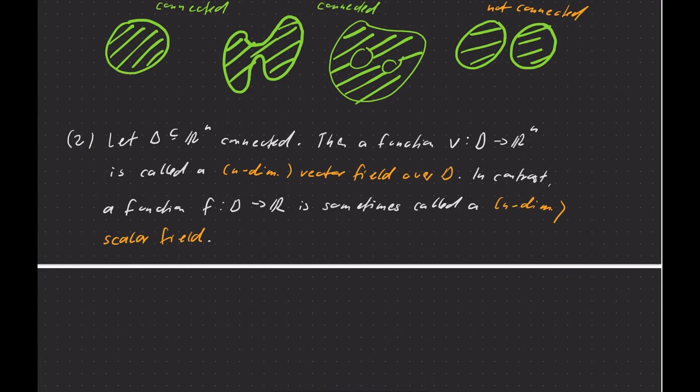And to stress that once again, it's important that the dimension of the domain and the dimension of the codomain is the same for a vector field. So mappings that go, for example, from R2 to R3, you would usually not call those vector fields.